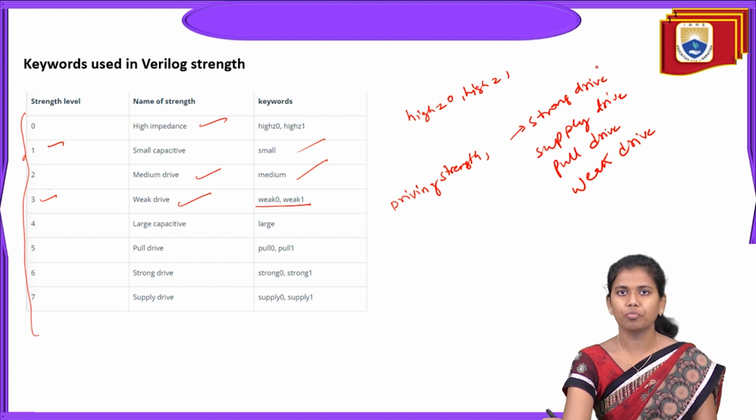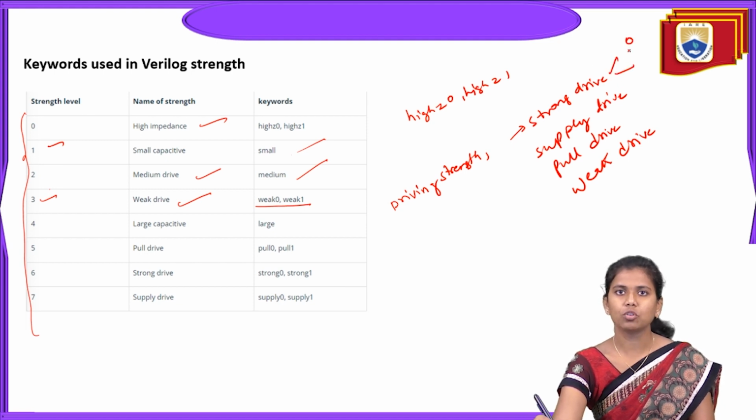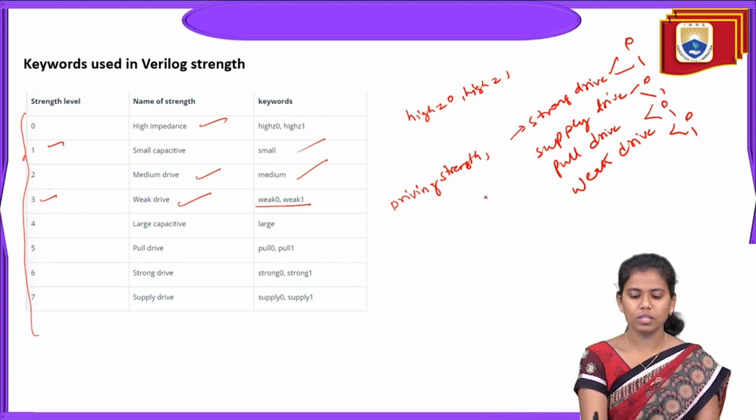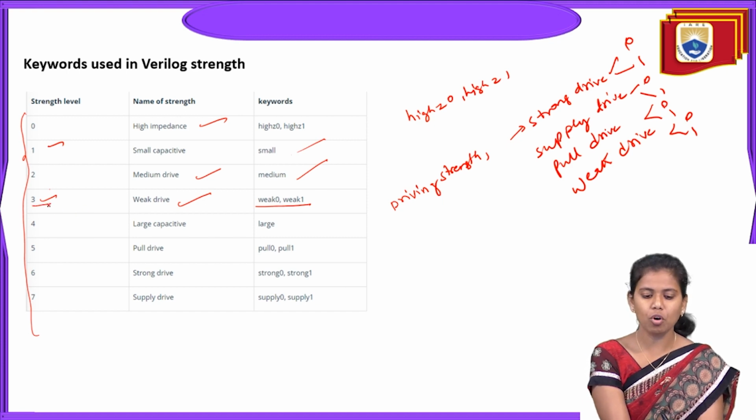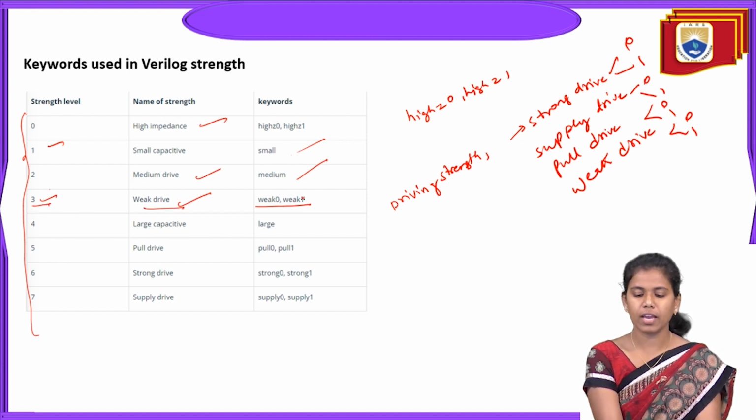Each drive goes with 0 and 1. As it is a weak drive at strength level 3, we have weak 0 and weak 1.